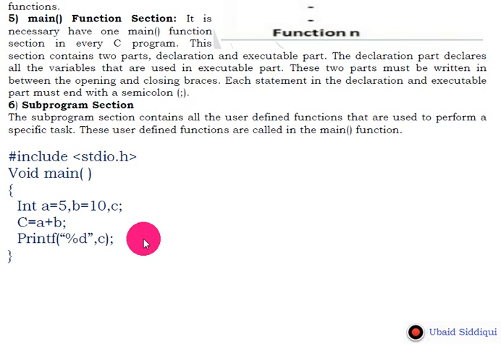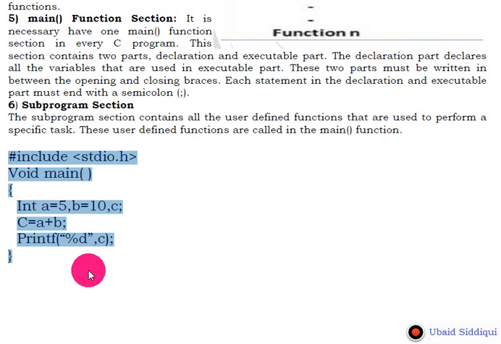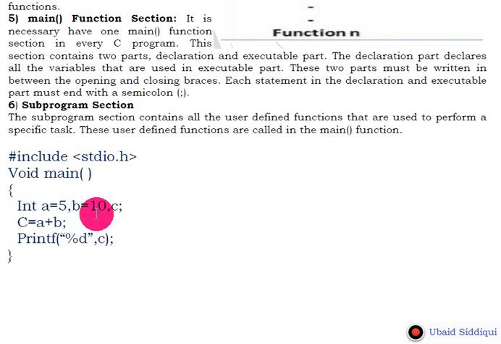I have given a small example here of a C program, and you can see that in this we have included a link section, and directly we have used the main section. And in the main section there are two parts. The first part is known as the declaration part, and then there is a second part which is known as the executable part.